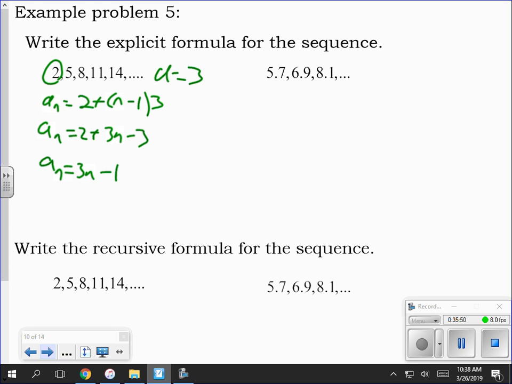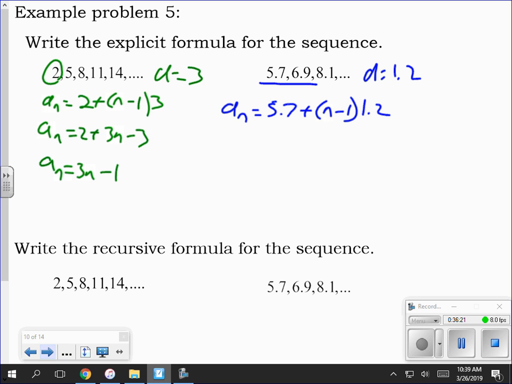If I do it again on this one, the hardest part is what's my D? 1.2? Yeah, 1.2, thanks. Same thing. Plug in my first number, plug in D into that formula there. A sub n equals 5.7 plus n minus 1 times 1.2.